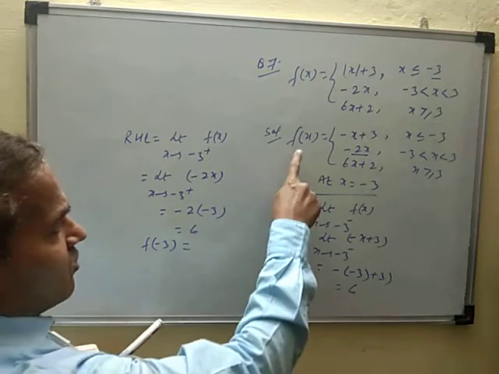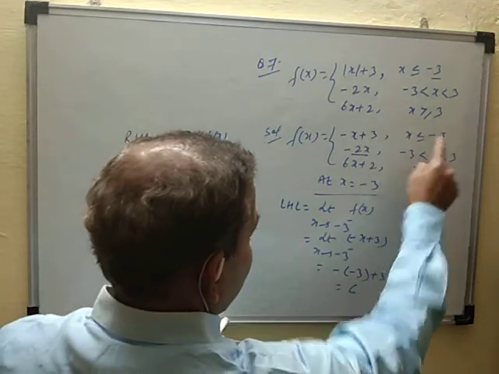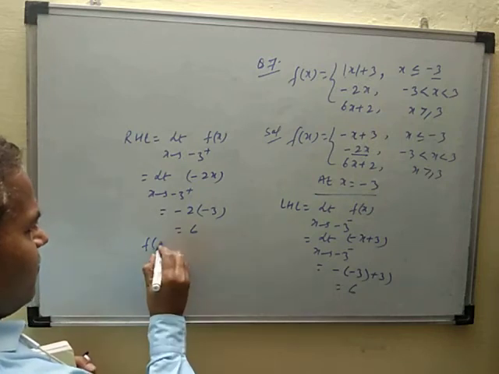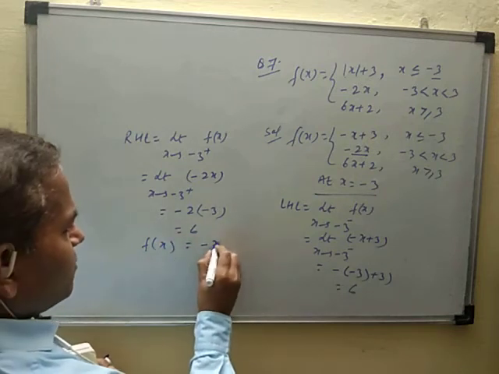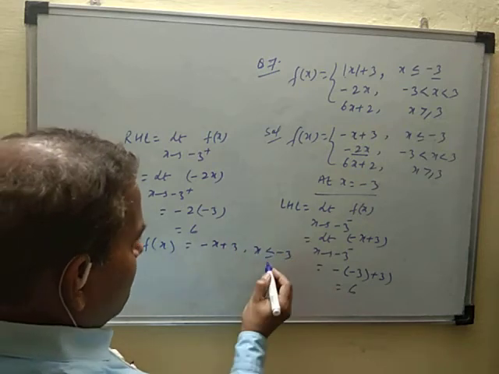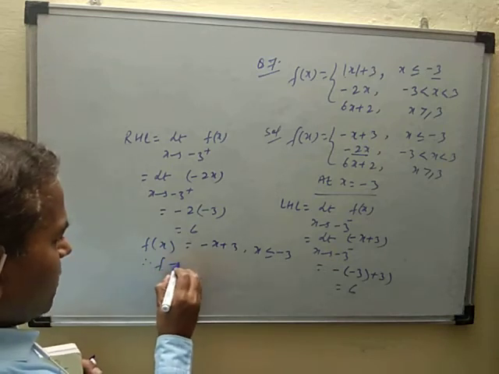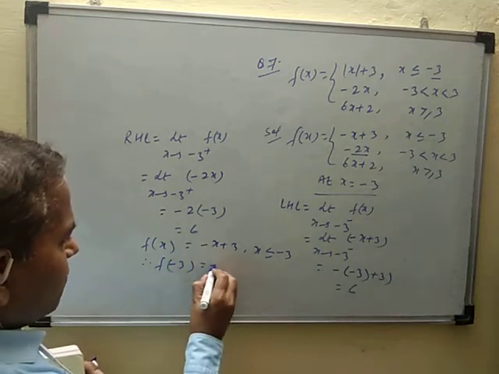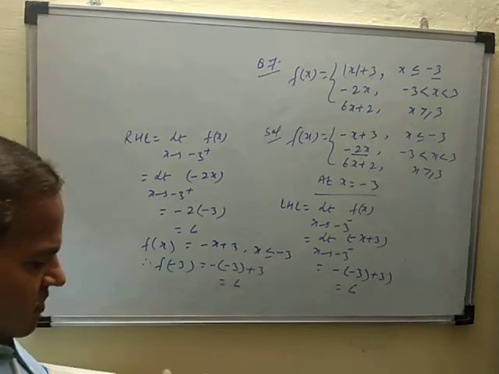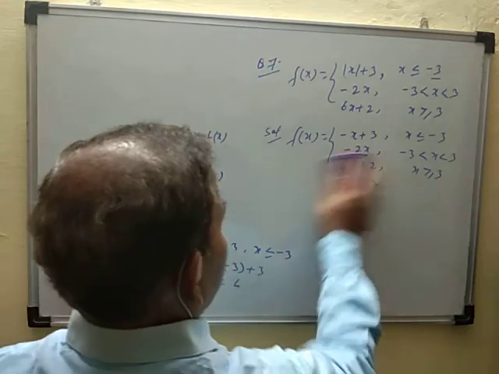So here f of x is equal to minus x plus 3 when x is less than or equal to minus 3. Therefore f of minus 3 is equal to 3 plus 3, that is also 6. So all are equal.